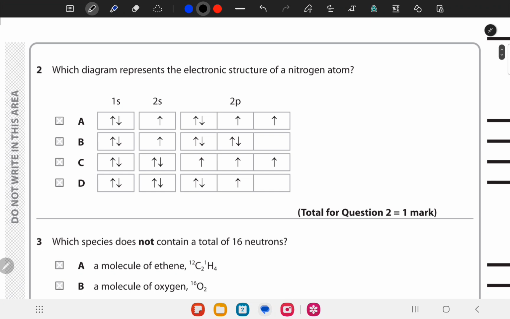Now on to question 2. We need the diagram which represents the electronic structure for nitrogen. Nitrogen has 7 electrons.